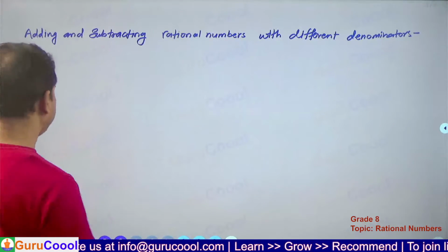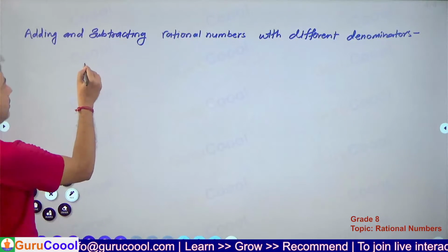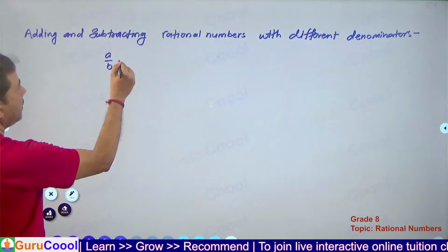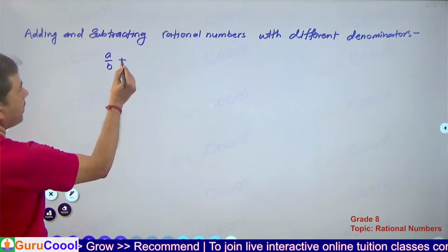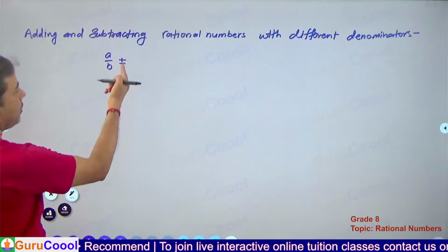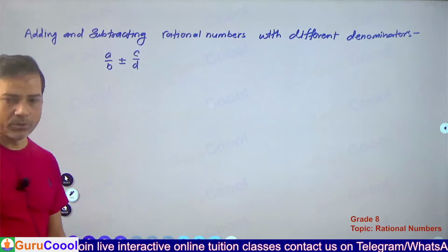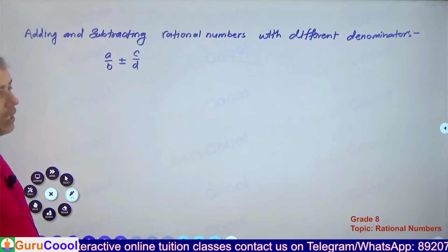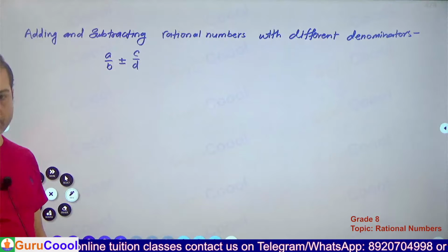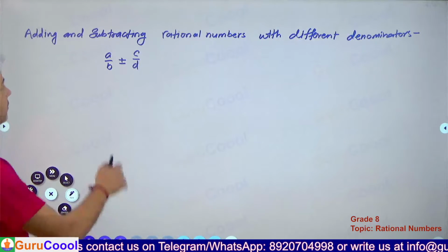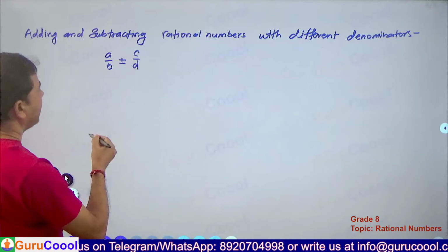For example, suppose you have a by b, and a plus sign or minus sign, any one of them, and then c by d. How do you do this? Are you okay, Anurag? Yes, sir. A by b plus or minus c by d.